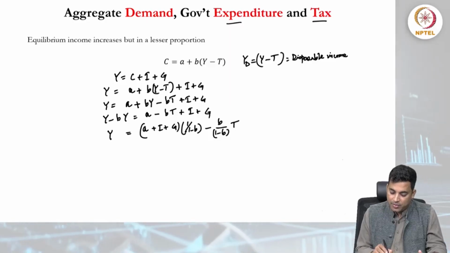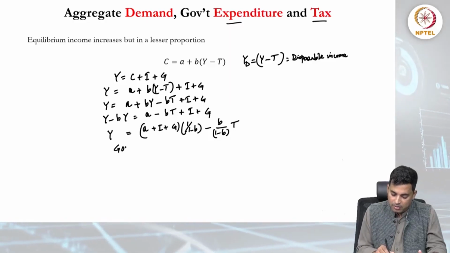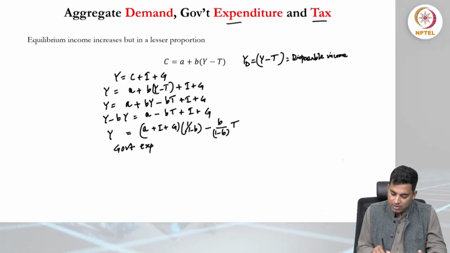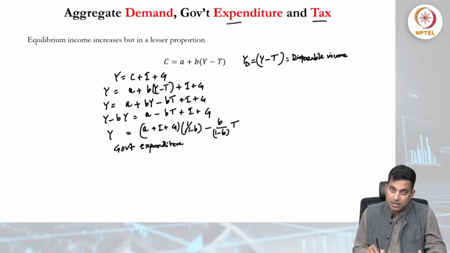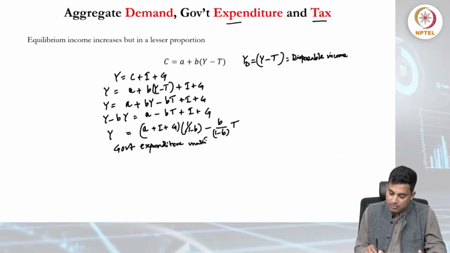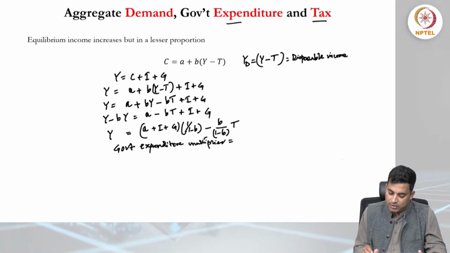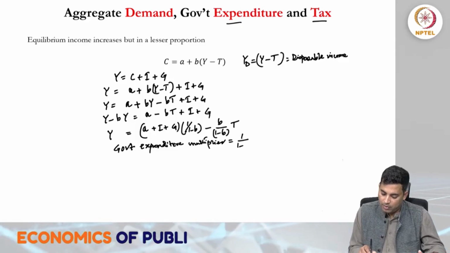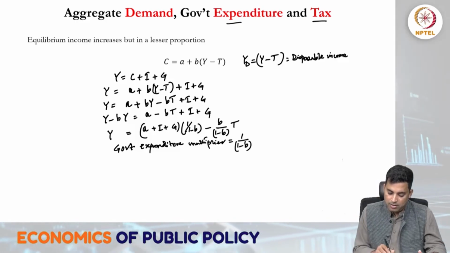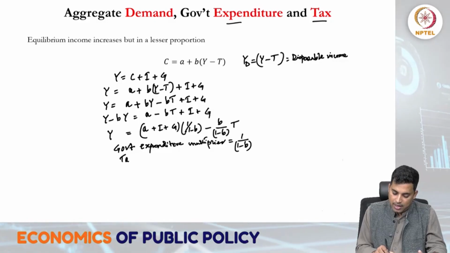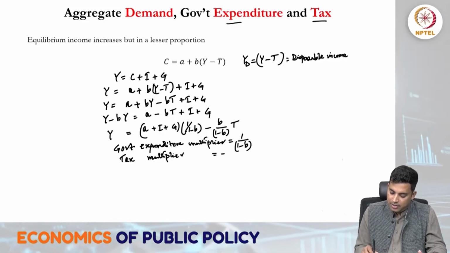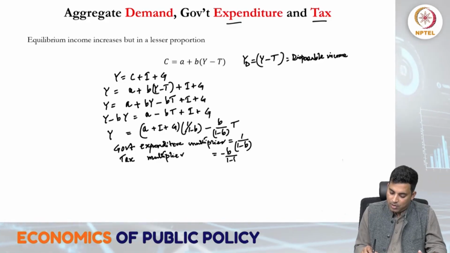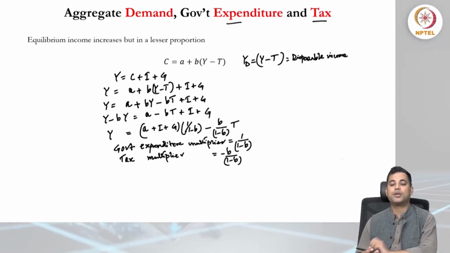So we can write here: the government expenditure multiplier is equal to 1 by 1 minus B, and the tax multiplier is equal to minus B by 1 minus B. So this is what we get.